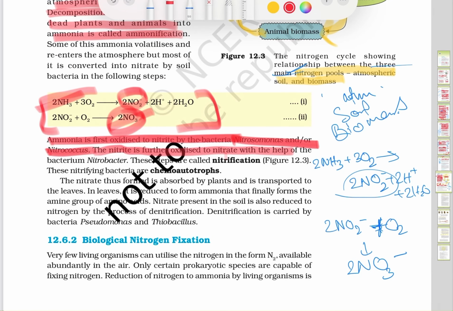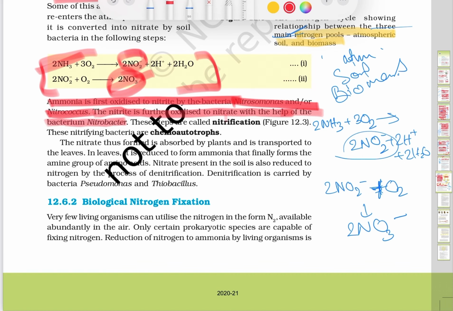Nitrocystis. So the bacteria required here are Nitrosomonas and Nitrococcus, and then Nitrobacter and Nitrocystis.